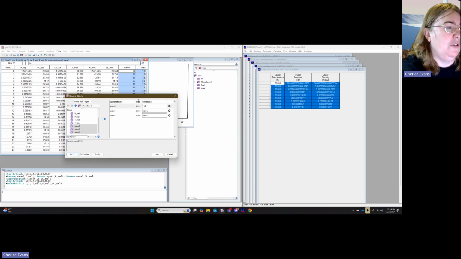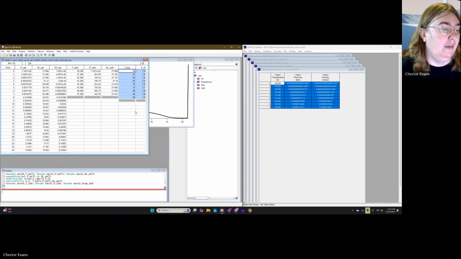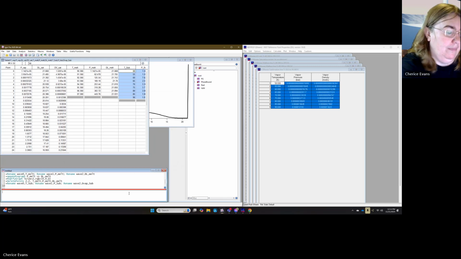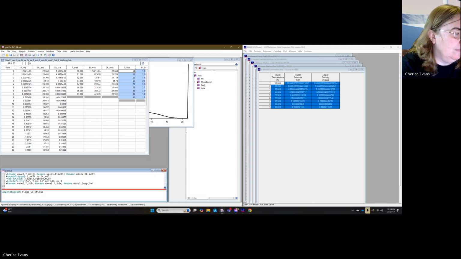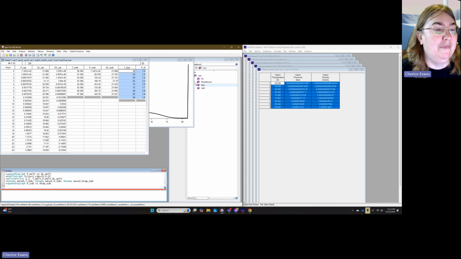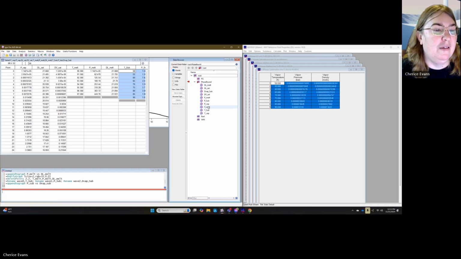So this is temperature for sublimation, pressure for sublimation, and the density of the vapor for sublimation. And again, I'm going to append the pressure of sublimation versus the density of the vapor for sublimation. Need to change the name of that where it's consistent. I've just been using dV.